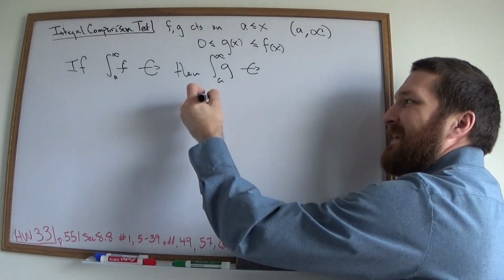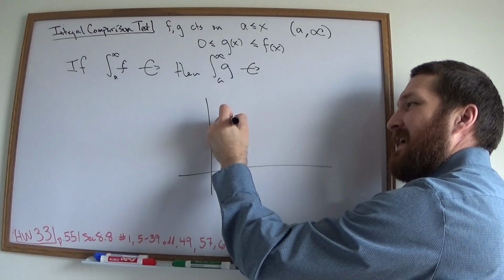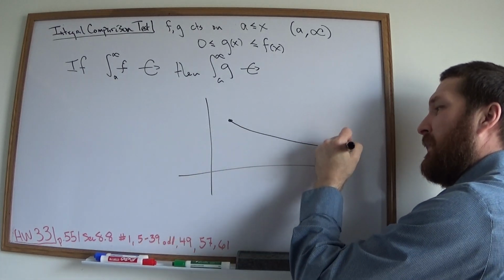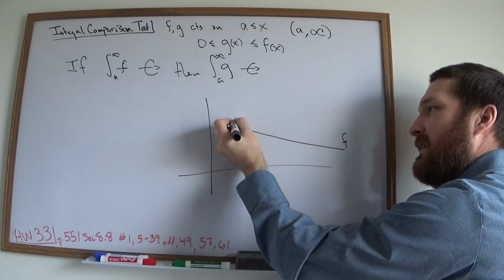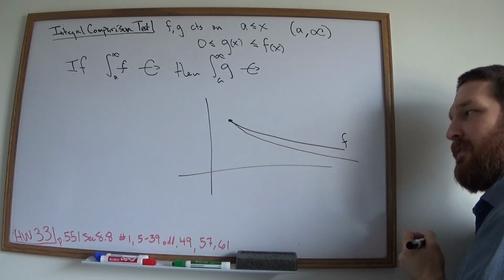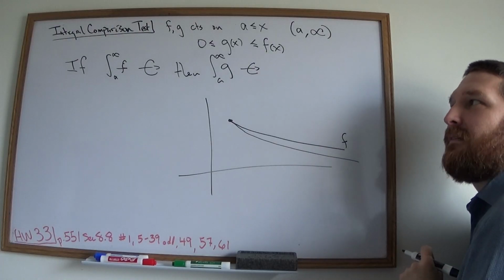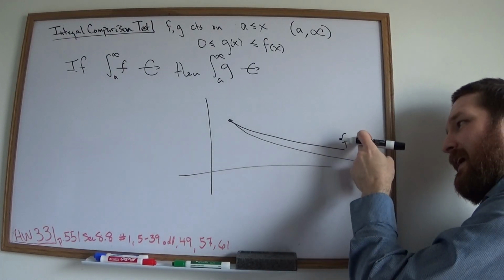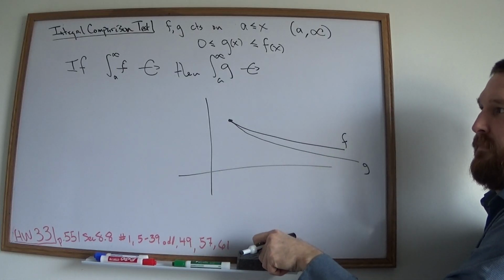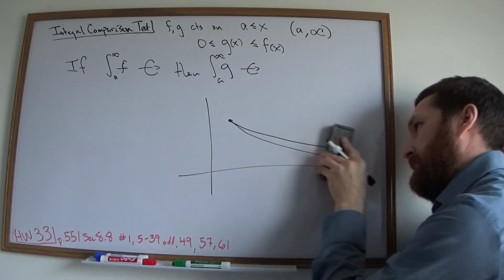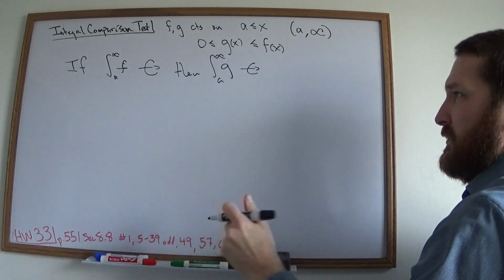Think about it, right? You have your f, and you know that this area is finite. Well, if your g is less than it on the same interval, then it's also finite. And so, if f converges, g converges. Now, another thing's true.